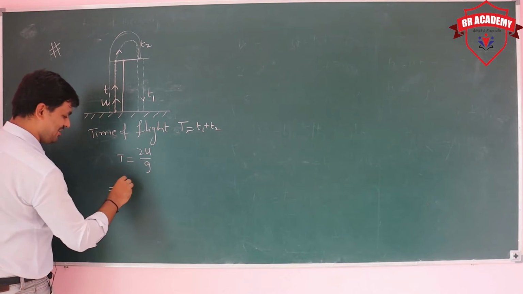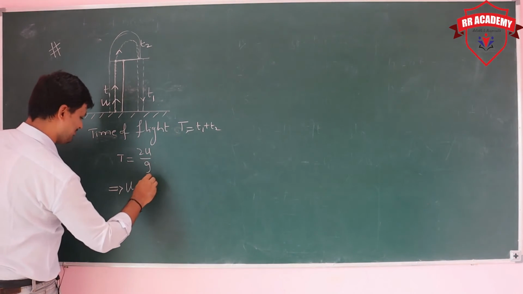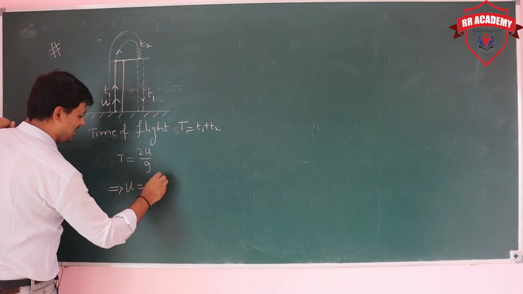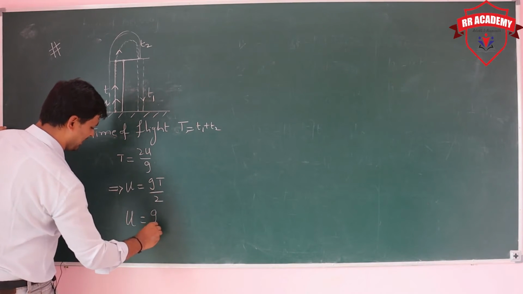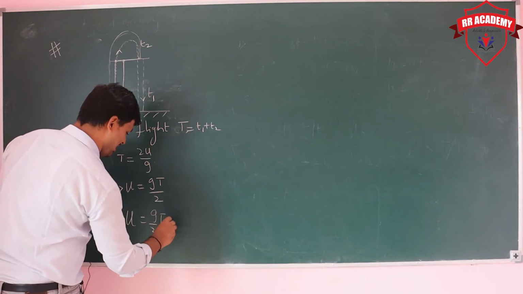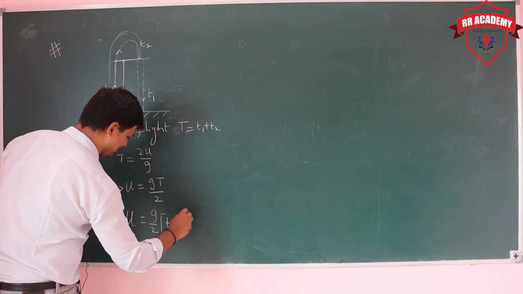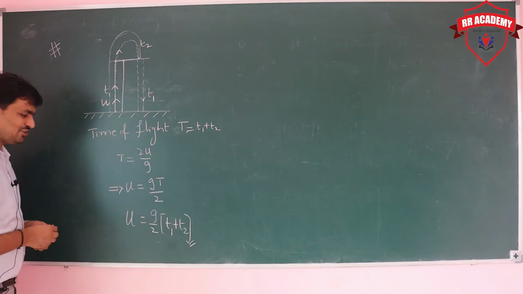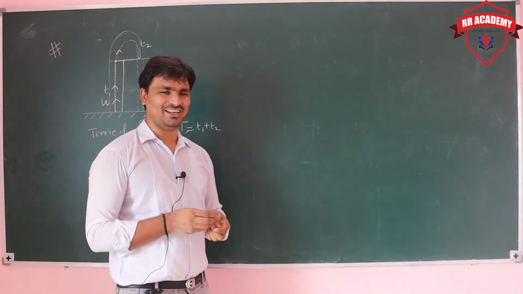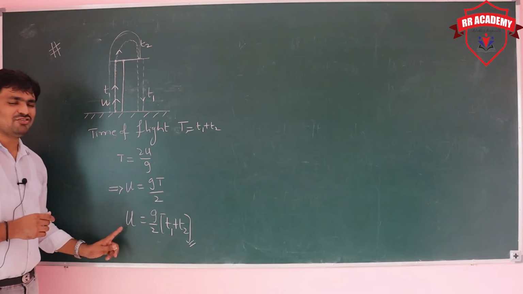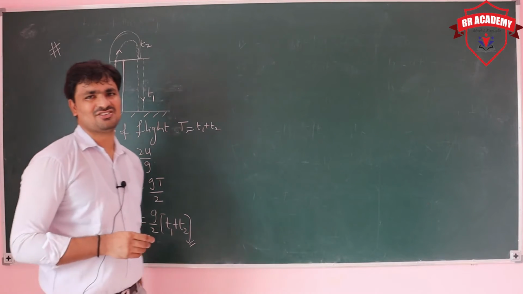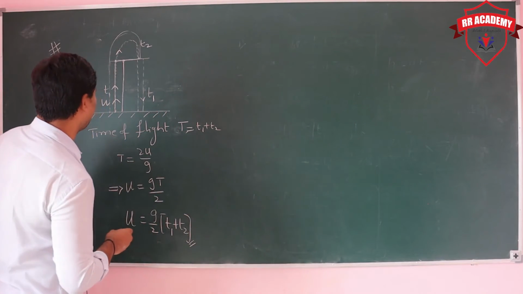So then u is equal to g T by 2. The value of T is t1 plus t2. And now this is the velocity of projection.